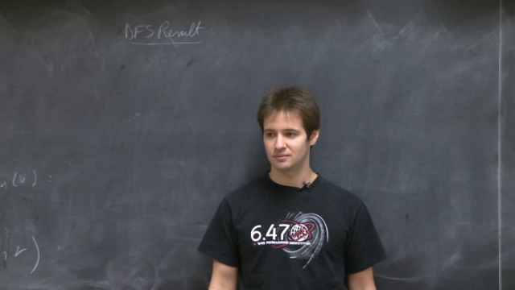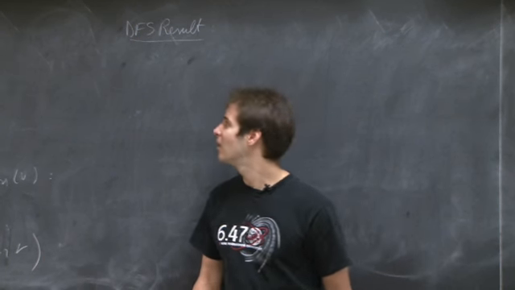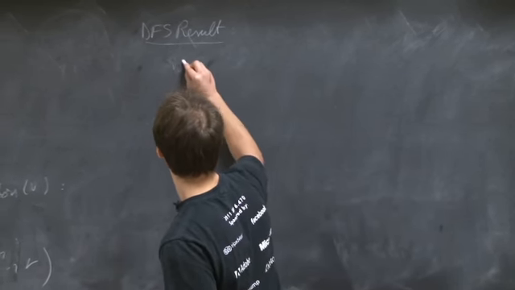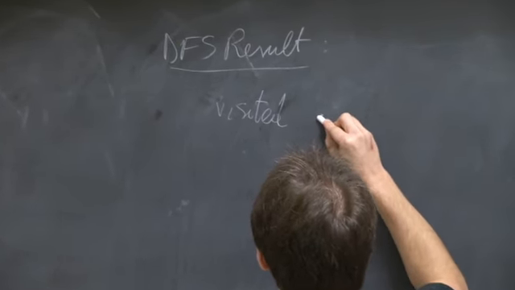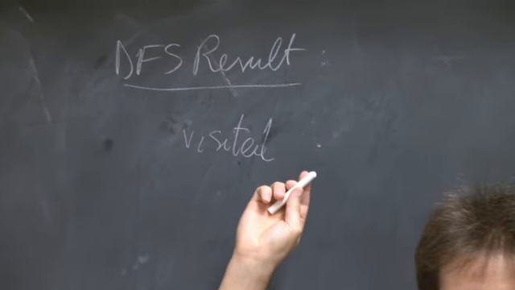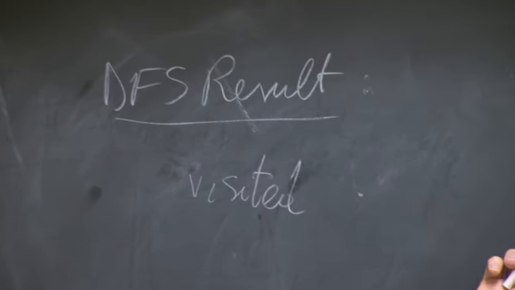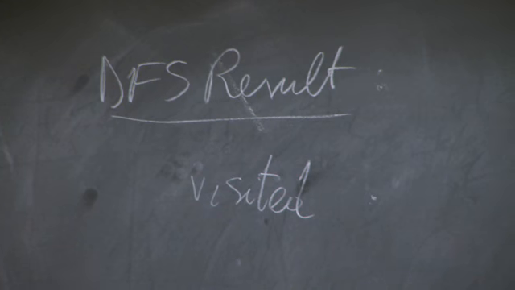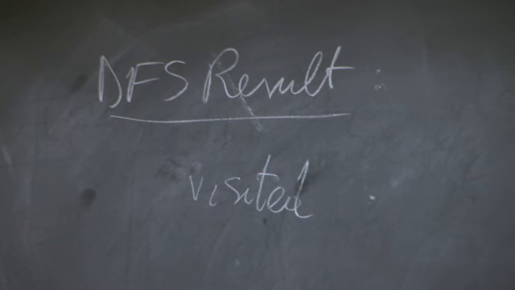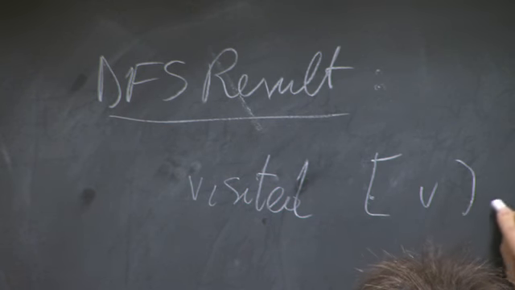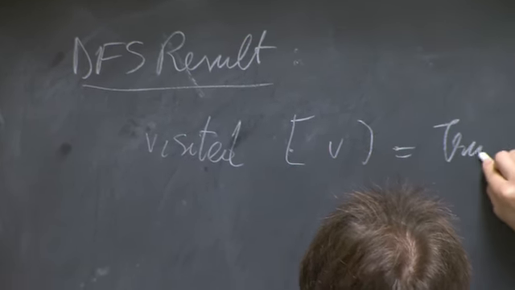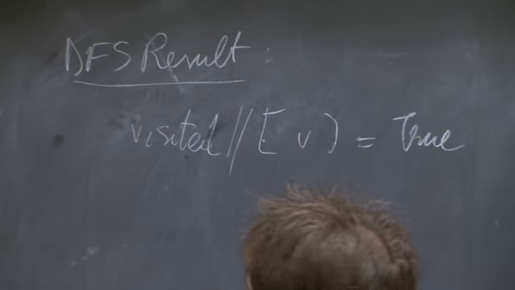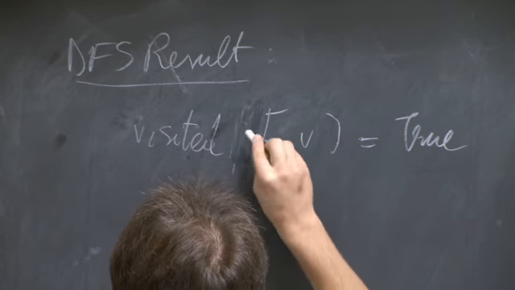Okay, so we're going to have a visited dictionary, and the keys are going to be nodes. Let's say we're only going to put the nodes that we visit in it, so we don't have to initialize it. And the values are going to be true, because if the node is in the dictionary, it means we visited it. So for all the nodes that are in there, visited is going to be true.